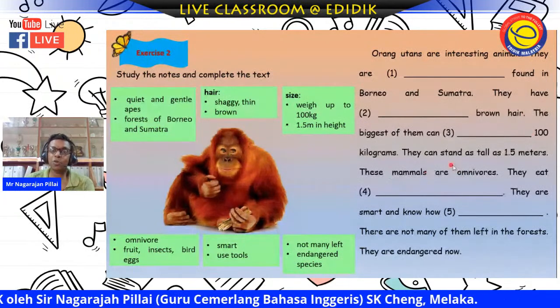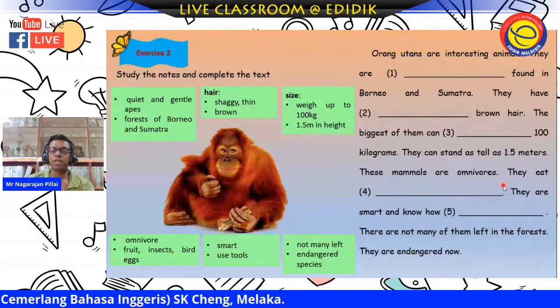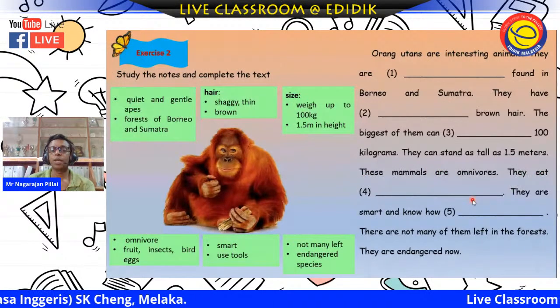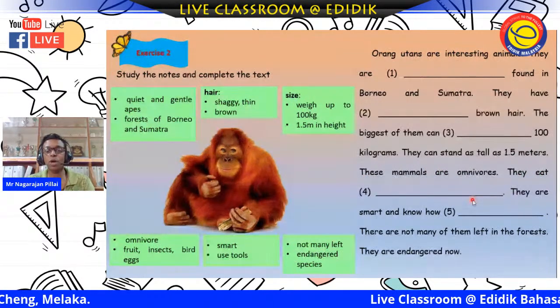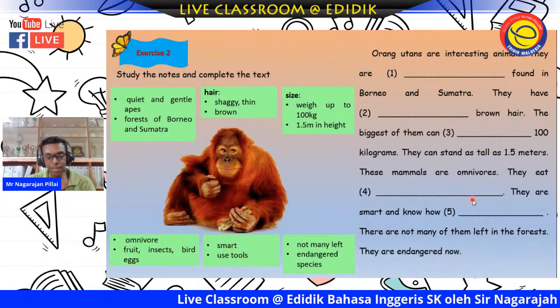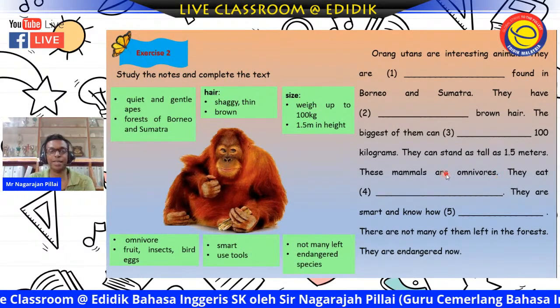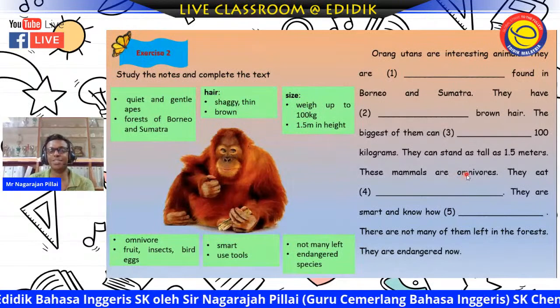They can stand as tall as 1.5 meters. These mammals are omnivorous. They eat blank. They are smart and know how blank. There are not many of them left in the forest. They are endangered now.